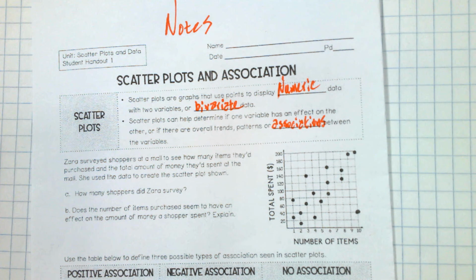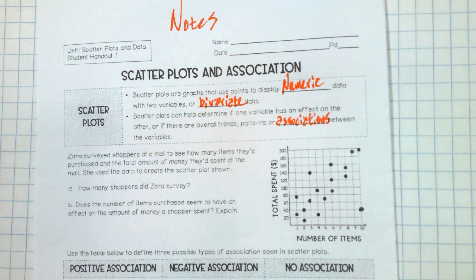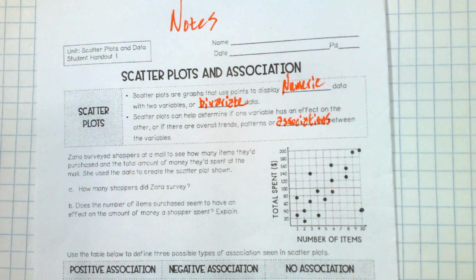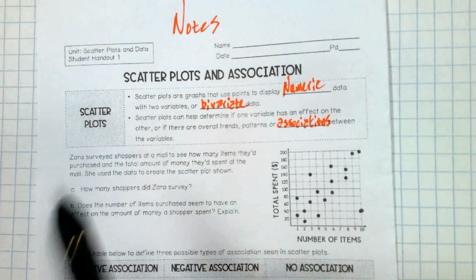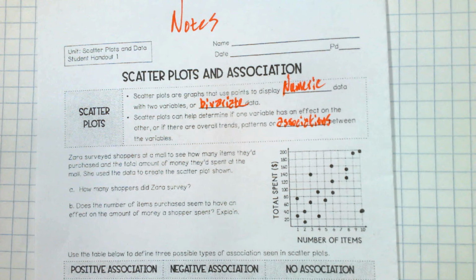So let's take a look at a situation here, and then we'll discuss it a little bit. So, what's the name of the girl there? Zara surveyed shoppers at a mall to see how many items they'd purchased and the total amount of money they'd spent. She used the data to create a scatter plot shown.